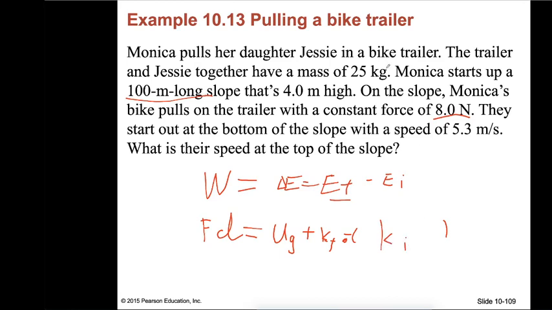So at the beginning, it has some initial speed, so it has some initial kinetic energy. So U_G means mgy plus K_f. K_f is 1/2 m v final squared, subtracted by K initial. It's 1/2 m v initial squared.